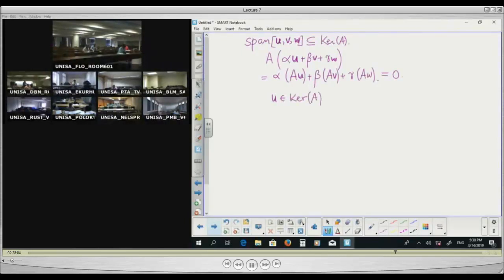So just saying that every linear combination of U, V and W gives me a member of the kernel only tells me one side of the story.